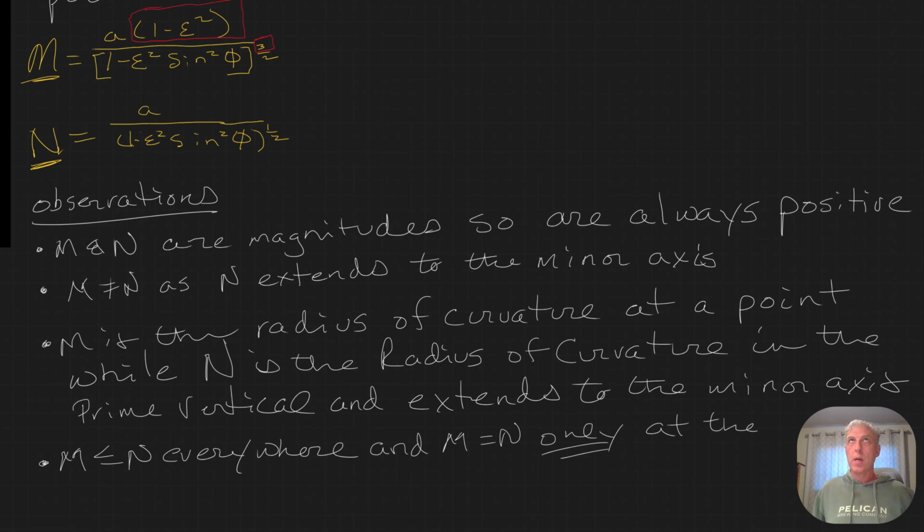So m is equal to n at the pole and strictly less than n everywhere else. That might be a better way to write that. M equals n at the pole, m is strictly less than n everywhere else. Okay.